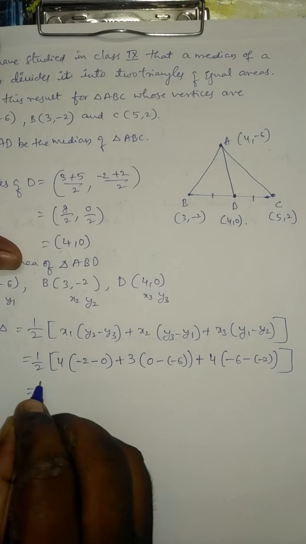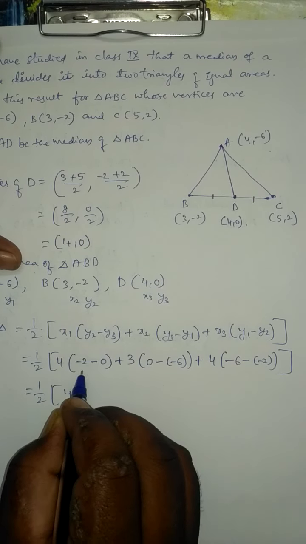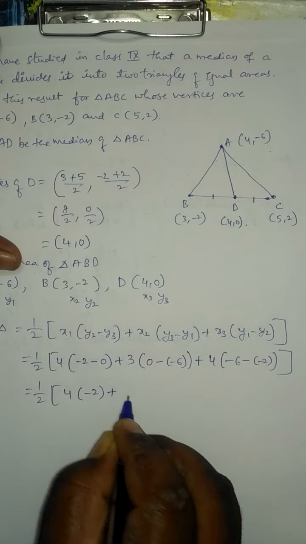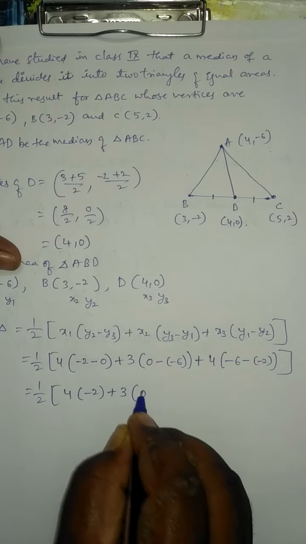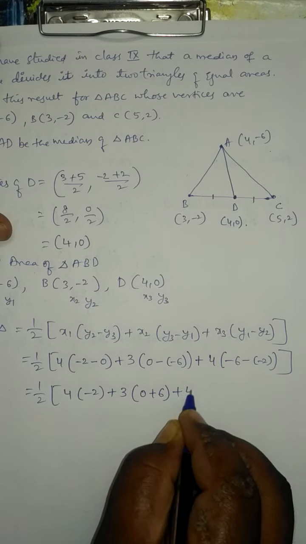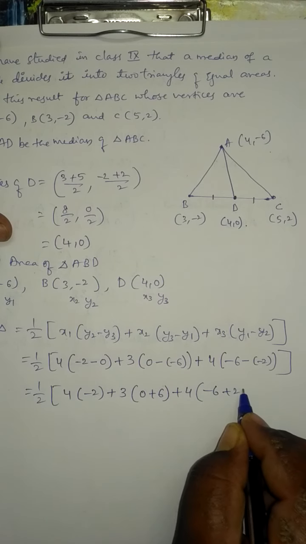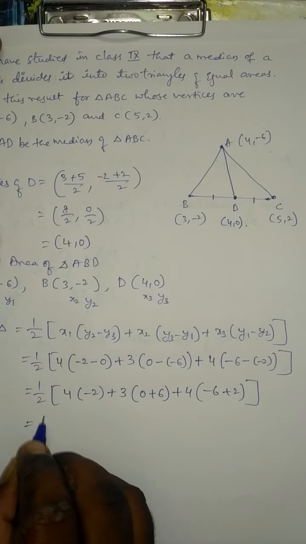Now we have to simplify this. I wrote the half as it is: 4 into minus 2 minus 0 is minus 2, plus 3 as it is, into 0 minus 2 minus plus 6, plus 4 into minus 6 minus 2 minus plus 2. Now we have to simplify this.